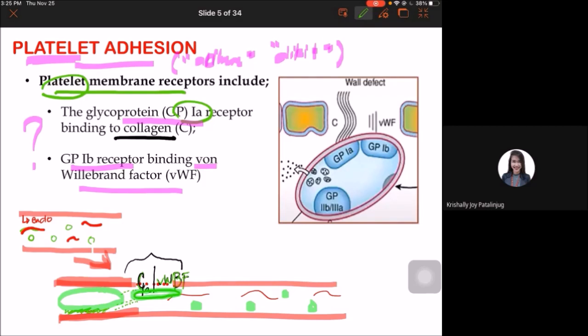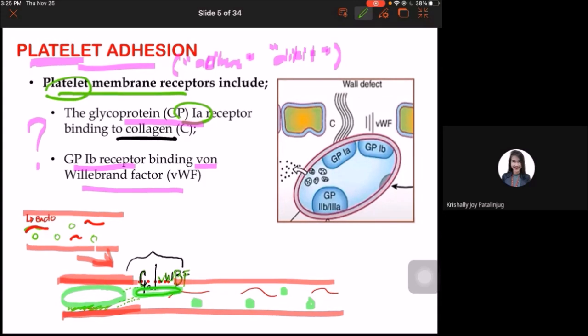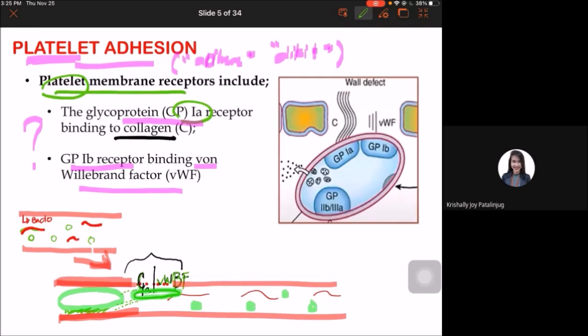Okay? And then number 2, we have glycoprotein 1B. Dito naman yung 1B. Glycoprotein 1B, which is responsible naman for the binding of platelet to the von Willebrand factor. So yan yung ibig sabihin ng platelet adhesion.